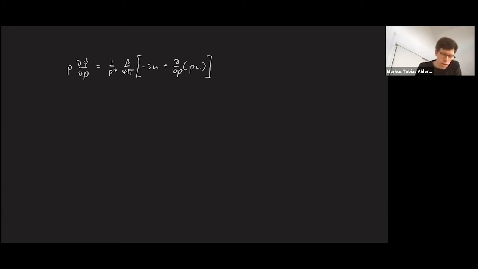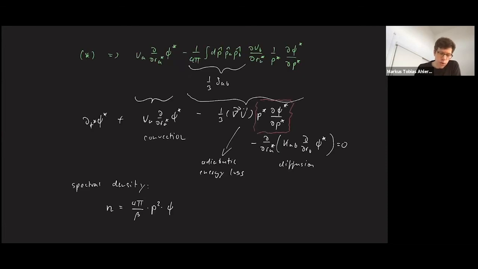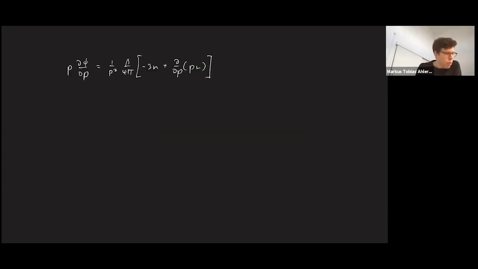So we had also the convection term that scales with the bulk motion, this term here. And I combine these two quantities in the following way. I have beta over 4 pi, 1 over p squared, u dot del n.